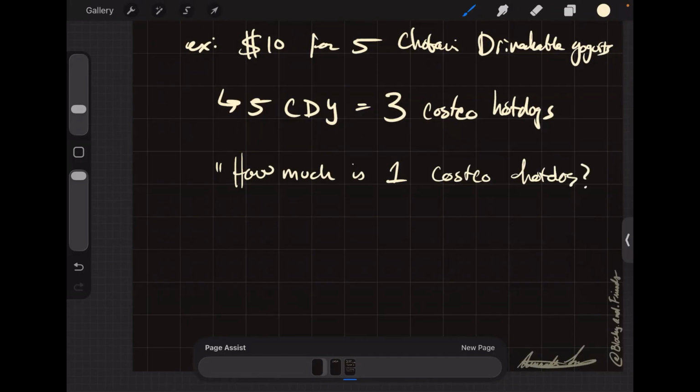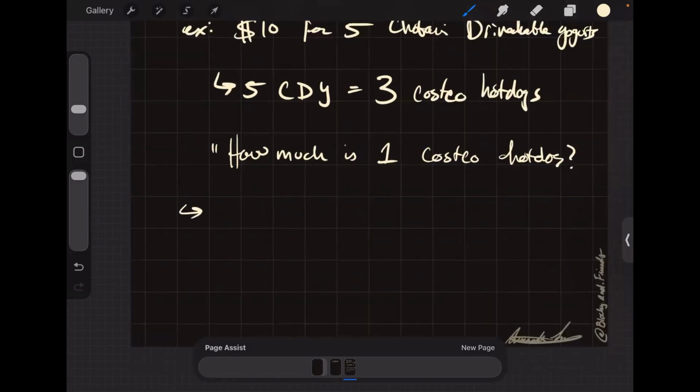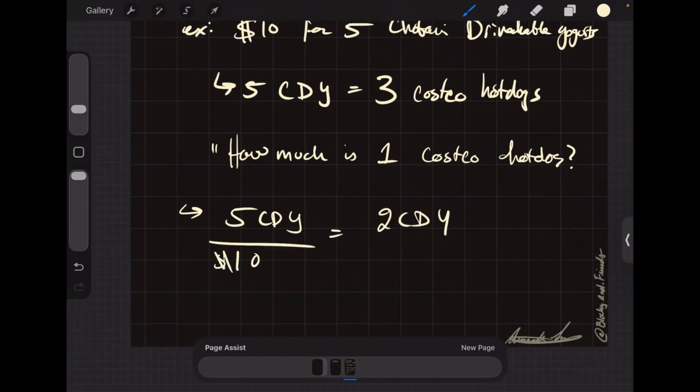What you can do is you can say 5 Chobani drinkables is equal to $10, which means one Chobani is $2.